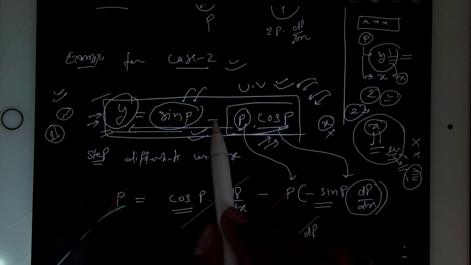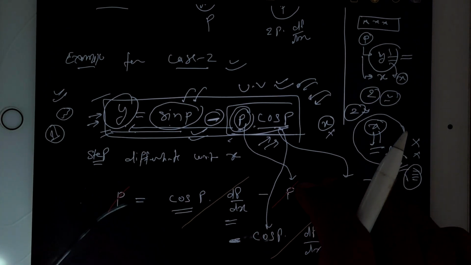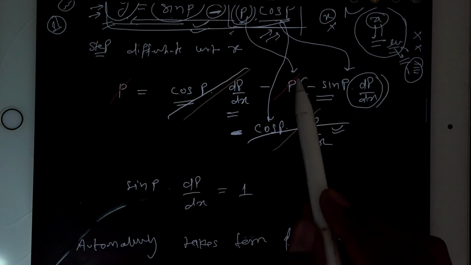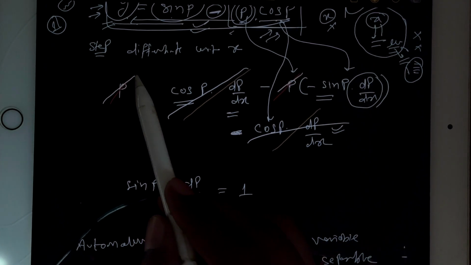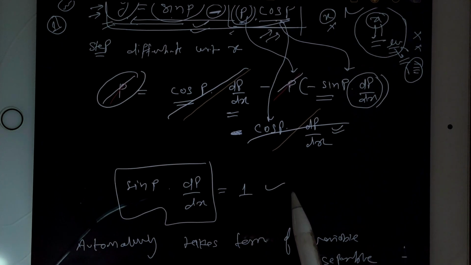Then because of this minus sign, the second term will also become minus. Cos p you leave as it is, then you differentiate p, so it will become dp by dx. Like how we apply the UV rule. Then see, this term will get cancelled with this term, and this p term will also cancel. So the remaining term is sin p dp by dx is equal to 1.